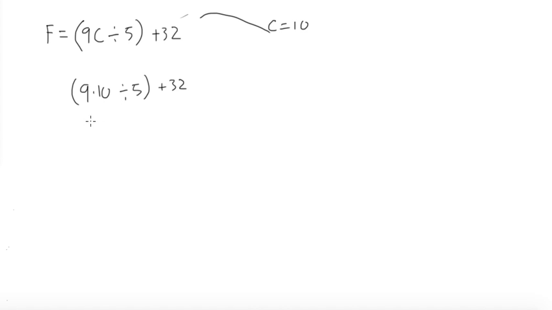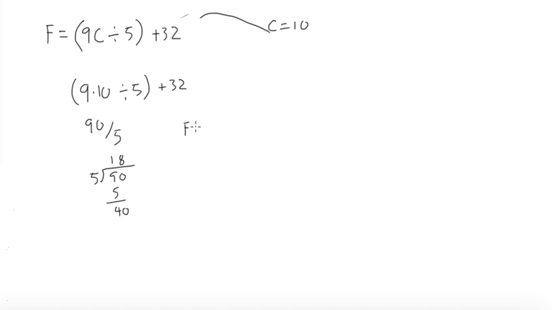So that would be 90 divided by 5. 5 into 90 is 18.